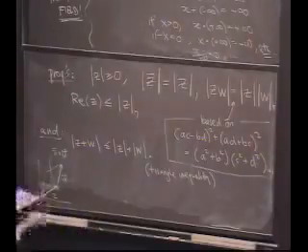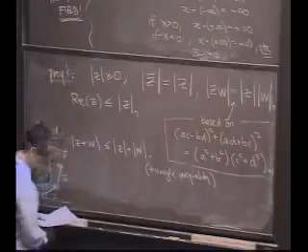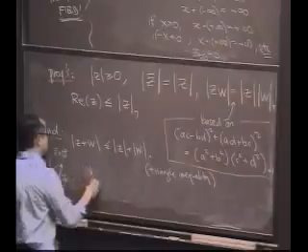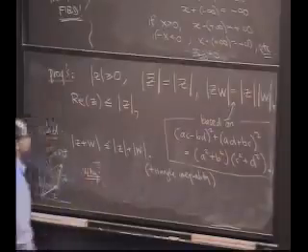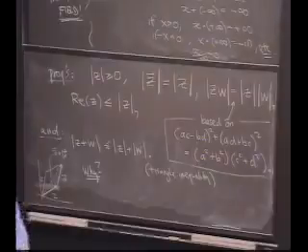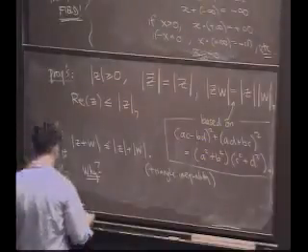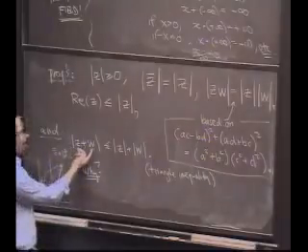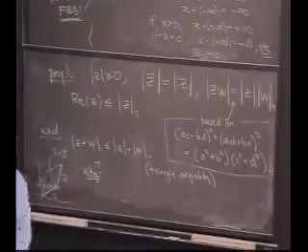Okay, how do we show this? This isn't altogether obvious either. Why does the triangle inequality hold? Well, let's just begin. I want the length of z plus w. I don't have a good way of dealing with the length, but I do have a good way of dealing with the length squared.